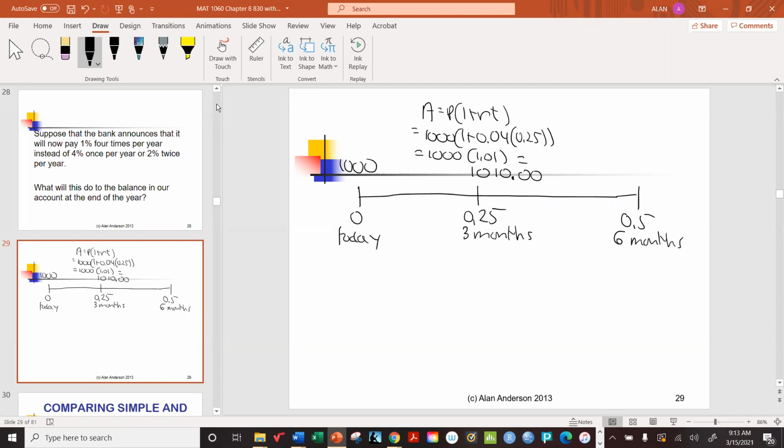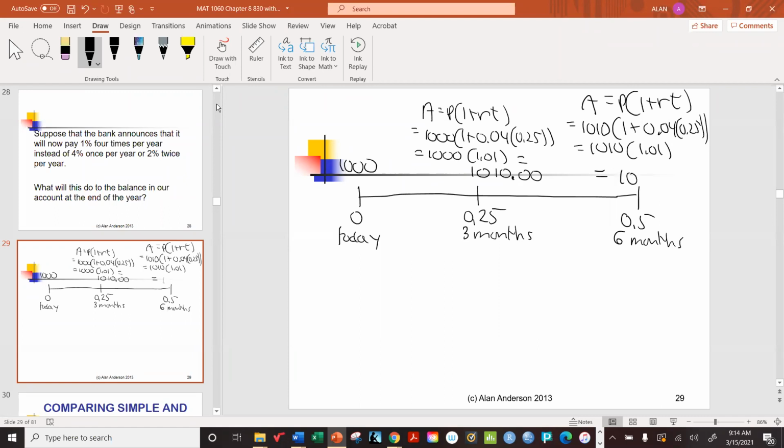Now, that means that in 6 months, when we go to apply this formula again, we'll have 1,010 times 1 plus 0.04 times 0.25, which is the same thing as 1,010 times 1.01. And so we'll have 1,020.10 after 6 months.